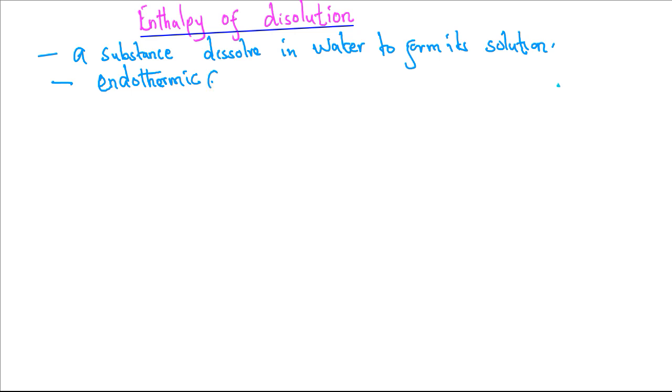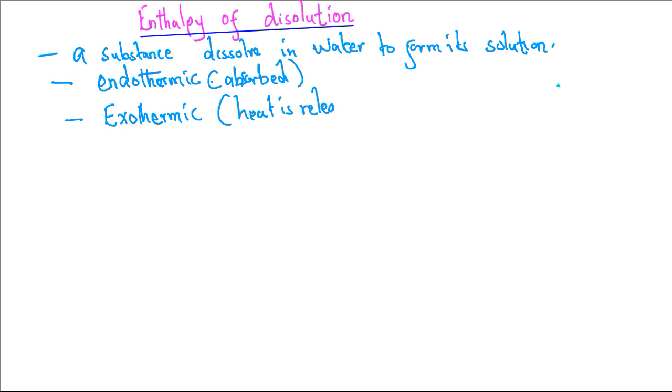So when there is heat absorbed, then we had said that is endothermic process, but when there is exothermic, then heat is released. So dissolution can be either giving us absorption of heat or release of heat.